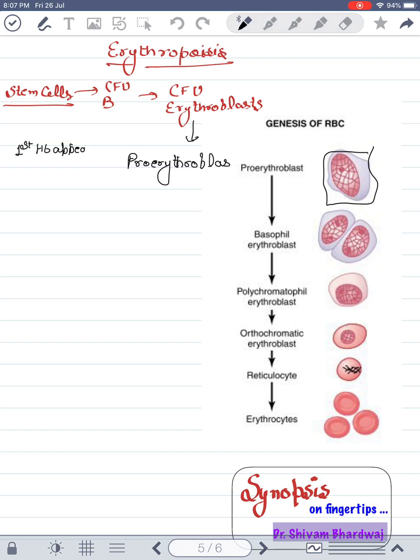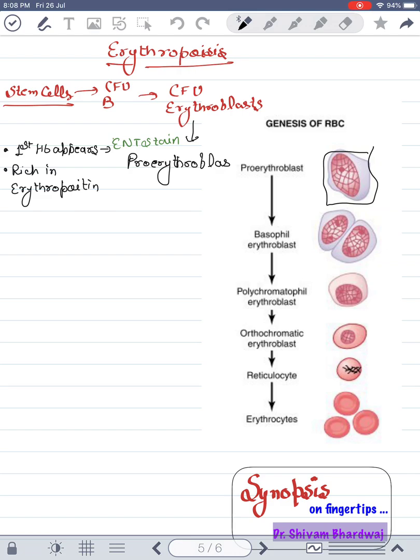That can be identified by a special stain known as ENT spin. Another feature of these proerythroblasts is that they are rich in erythropoietin receptors. These are the receptors on the surface of these cells which receive the erythropoietin released from the kidney.